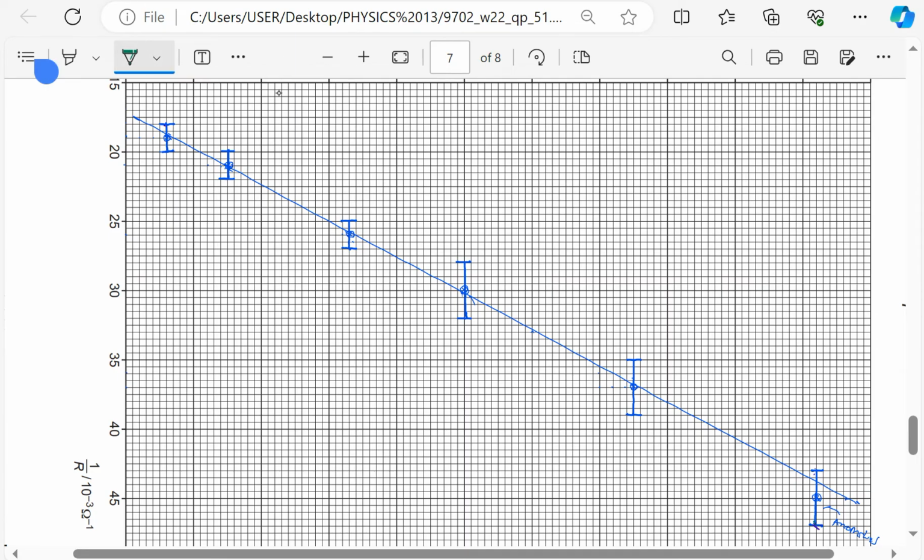The top of the top error bar to the bottom of the bottom error bar. So I'm aiming at this point here and at this point here. And you see that all the horizontal lines have been crossed. If all the horizontal lines have been crossed, then the line is correct.